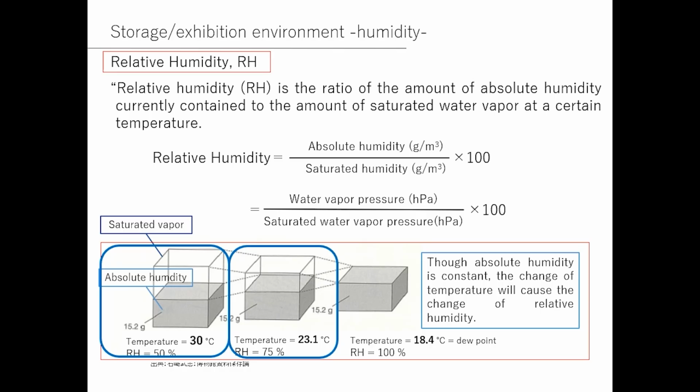As the temperature further decreases, the amount of water vapor, if the air is saturated, further decreases, and eventually reaches the same value as the absolute humidity. At this time, the relative humidity becomes 100%, and the temperature at this time is called the dew point. And when the temperature drops further, the water in the container can no longer stay in the container and overflows. This condition is condensation, and the amount of water that overflows is the amount of condensation.